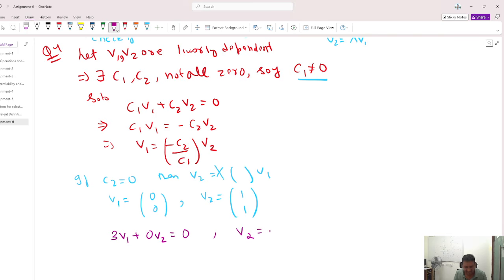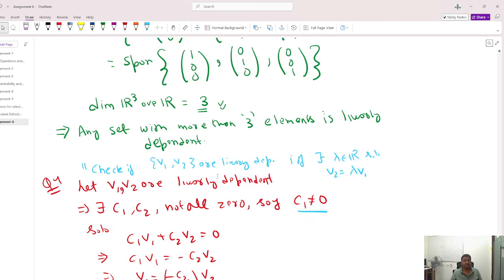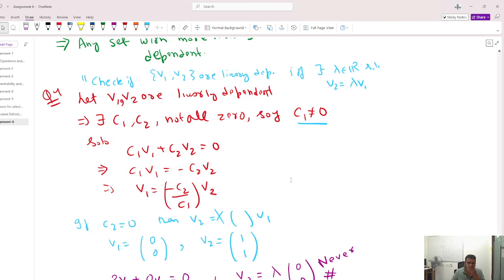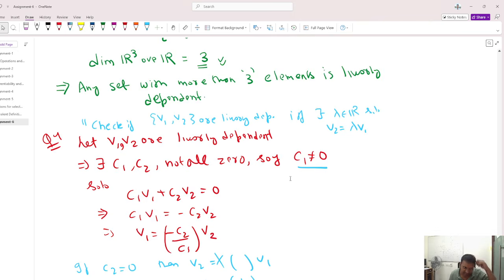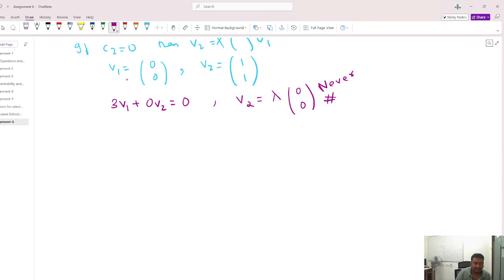So can you express V2 as some lambda times 0, 0? Never, right? So this statement is not true. That's what you have to check, the validity of that statement. Okay. Question number 5.